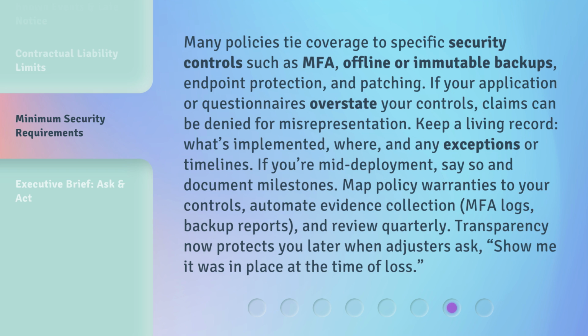If you're mid-deployment, say so, and document milestones. Map policy warranties to your controls. Automate evidence collection, MFA logs, backup reports, and review quarterly. Transparency now protects you later when adjusters ask, "Show me it was in place at the time of loss."